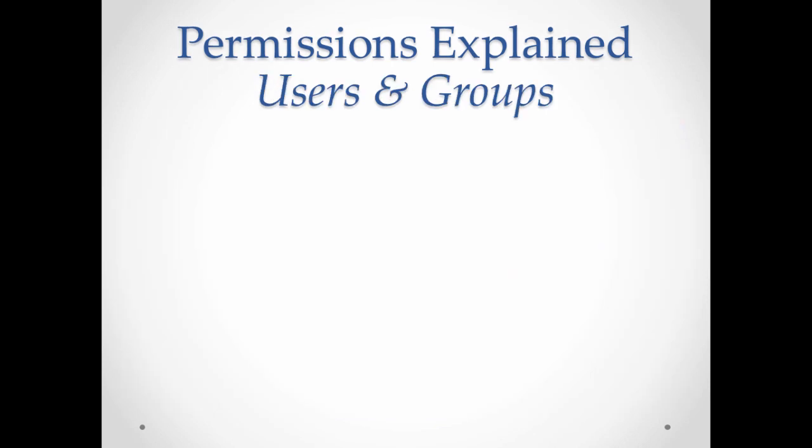Well, to understand permissions, we first need to understand a little bit about who is likely to be accessing our files and folders. And this is really split into three distinct areas. There's the user. This is just an account that can access the computer. Now, generally, a user will be the same as a person.